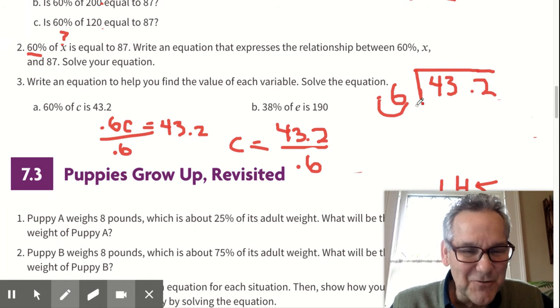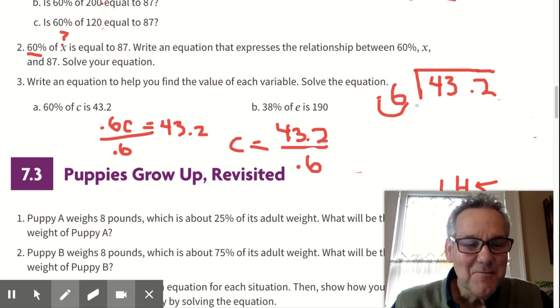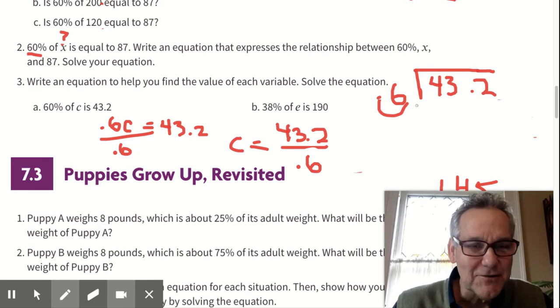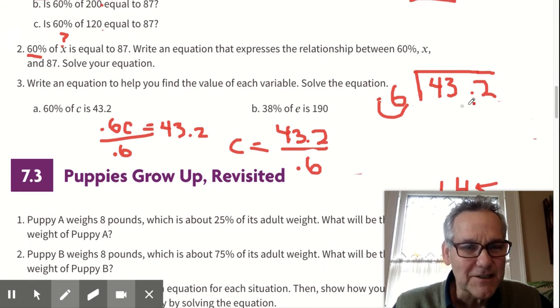Remember, I think in terms of fractions when it comes to divisions. But we're going to multiply both the divisor and dividend by the same factor of 10. So 10 times 0.6 is 6. 10 times 43.2 is 432. 6 can be subtracted from 43 7 times.